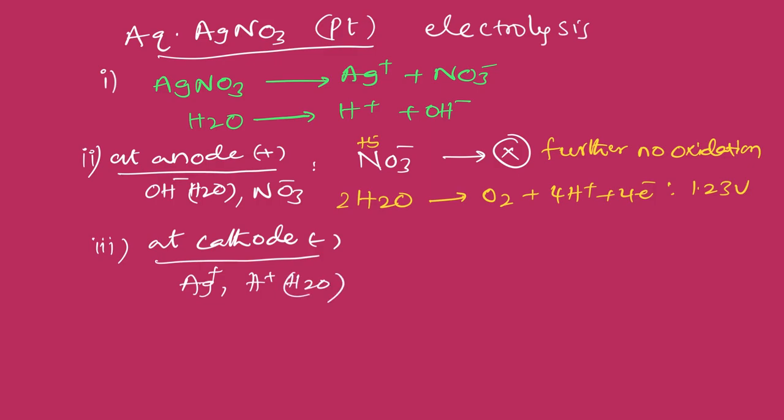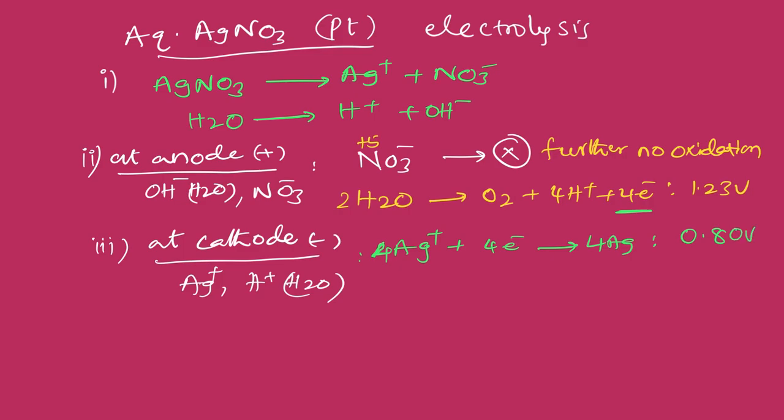Now we can take the reaction of Ag plus, here 4 electrons lost, that's why 4 electrons, then it will be converted into 4 Ag. 4 Ag plus converted to 4 Ag. Its electrode potential value is 0.80 volt.